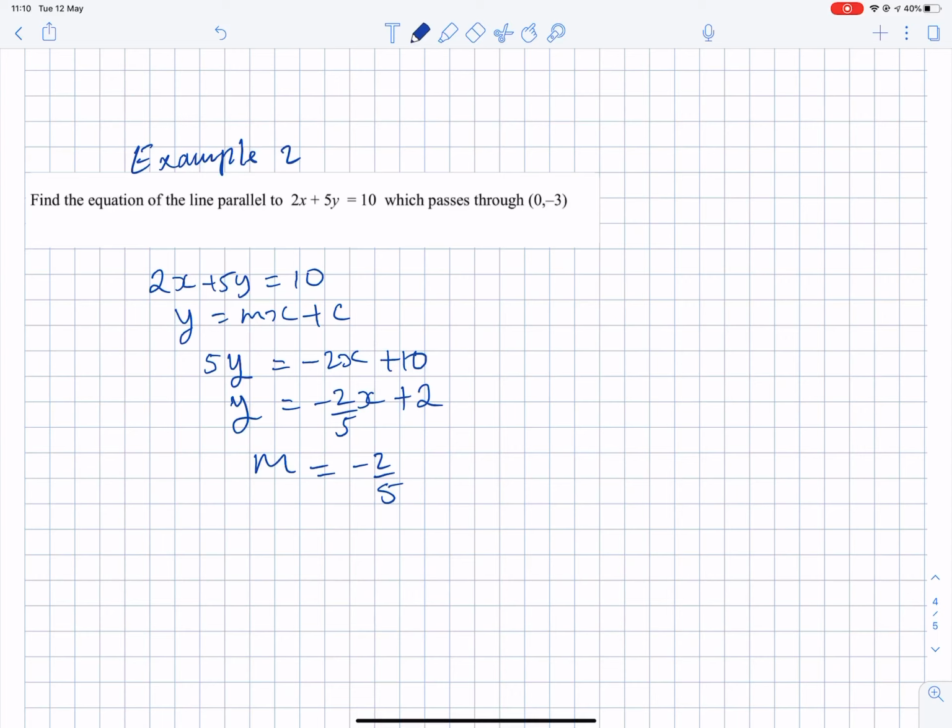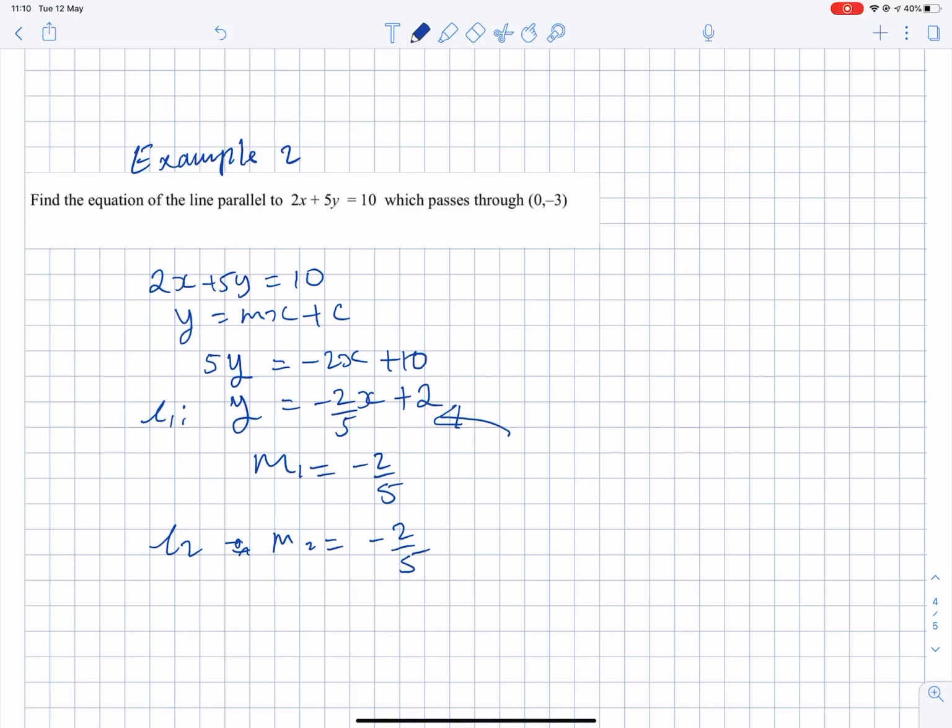Now I have another line which is parallel to this line. If I call this m1 and this line L1, my L2 will have m2 equals negative 2 over 5.